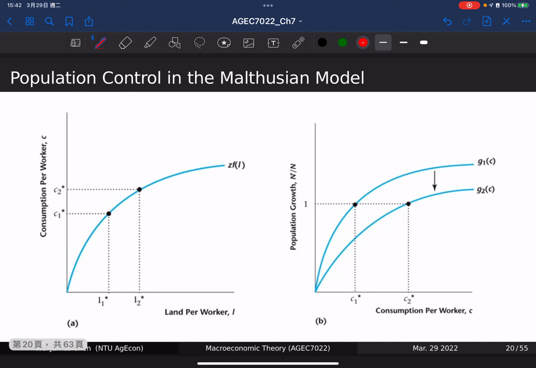So what it does is like this. It decreases the function g from g1 to g2. So in the steady state, I'm still looking for the steady state where there's no change in population. But if you decrease g, it will increase the consumption from C1 star to C2 star.